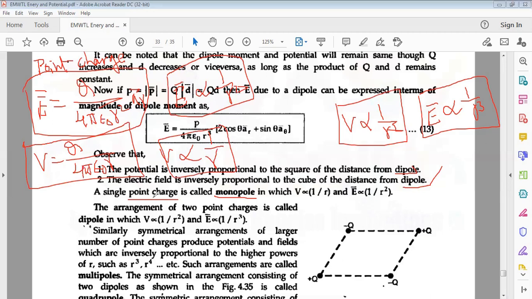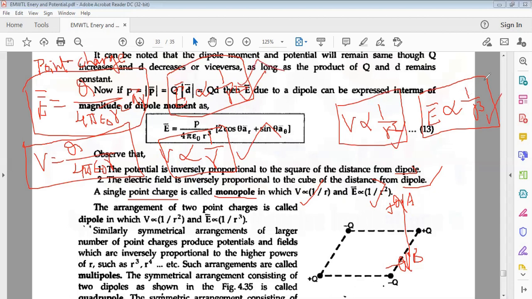See here, a single point charge is called the monopole, in which V is proportional to 1 by R and E is proportional to 1 by R square. When we consider the dipole, at point A the charge is plus Q and at point B the charge is minus Q. In the dipole, the potential is inversely proportional to R square and the electric field intensity is proportional to 1 by R cube.